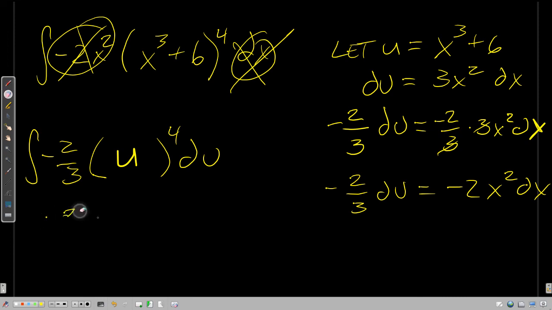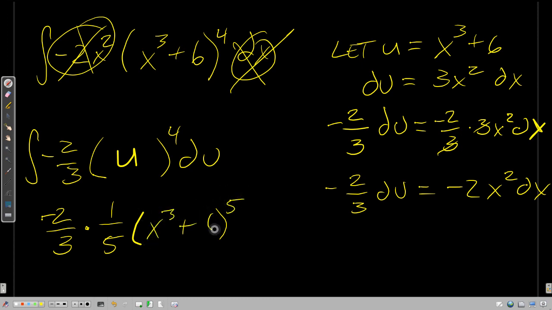Here's my constant, and then it's times 1/5 u to the 5th, but instead of writing u, I'll put x cubed plus 6.